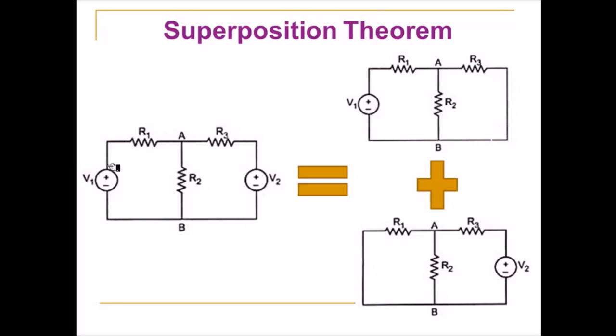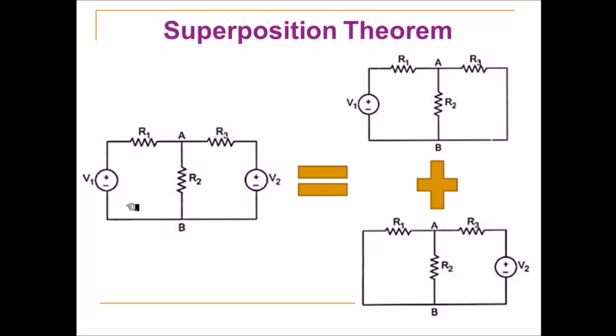On the left hand side we have two voltage sources V1 and V2 and a bunch of resistors R1, R2 and R3. The voltage across each of the resistors, or the current flowing through the resistors R1, R2, R3, is due to the effect of voltage sources V1 and V2.